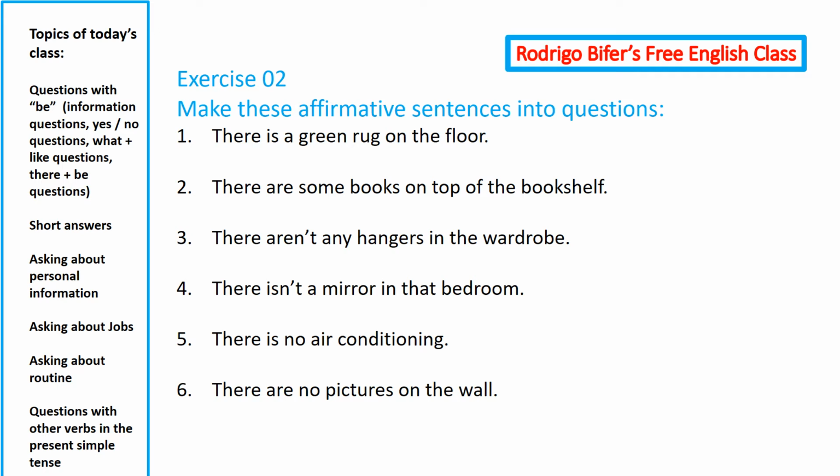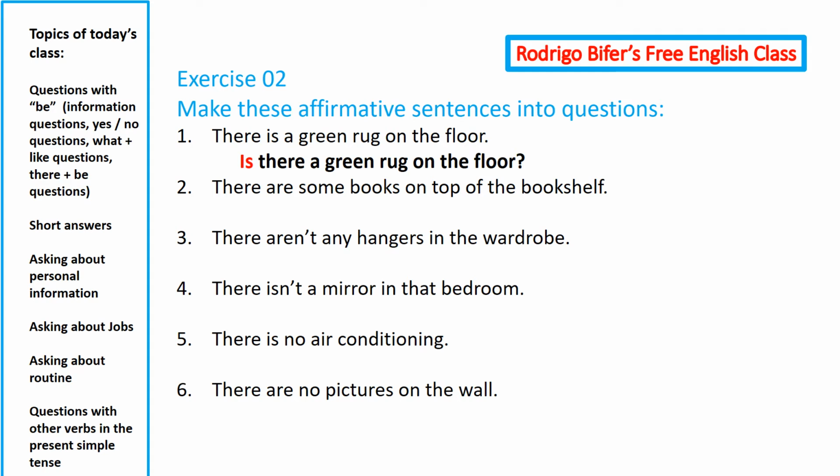And that would be the question. And that's a question, because now verb to be is before the word there. And that's all that is. It's really simple. Okay, we just invert verb to be and the word there.